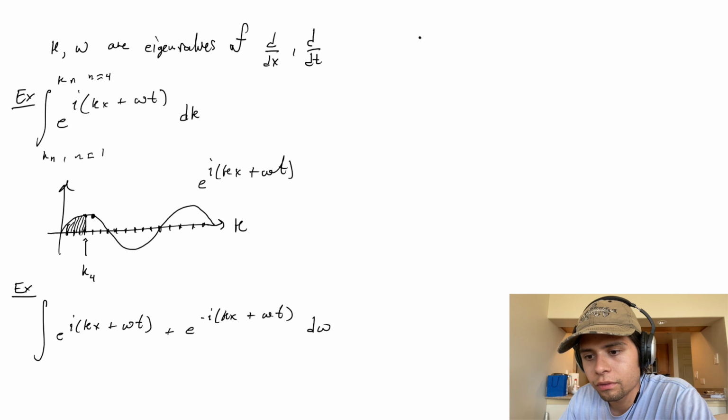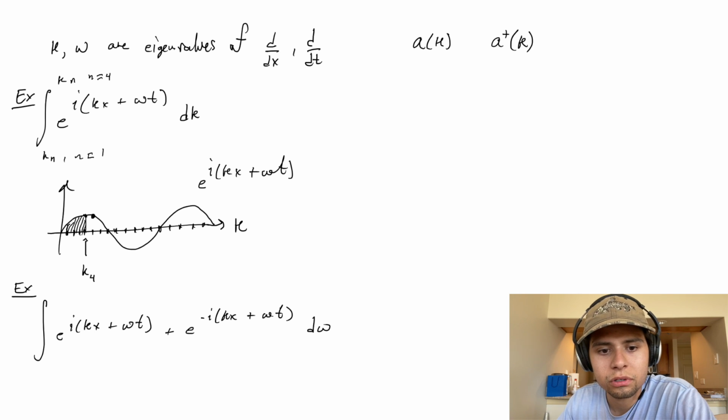But we can say that we have these things here called creation and annihilation operators. I think these tend to be called creation operators, and these tend to be called annihilation operators. We actually have to put subscripts on these k's, because the k's here are quantized. This is quantum mechanics.